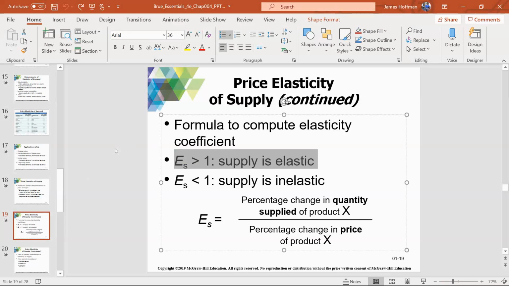Okay, and the calculation is very similar. The elasticity of supply is just the percent change in quantity supplied divided by the percent change in price. So we're looking at the responsiveness of suppliers to changes in the market price of the good.